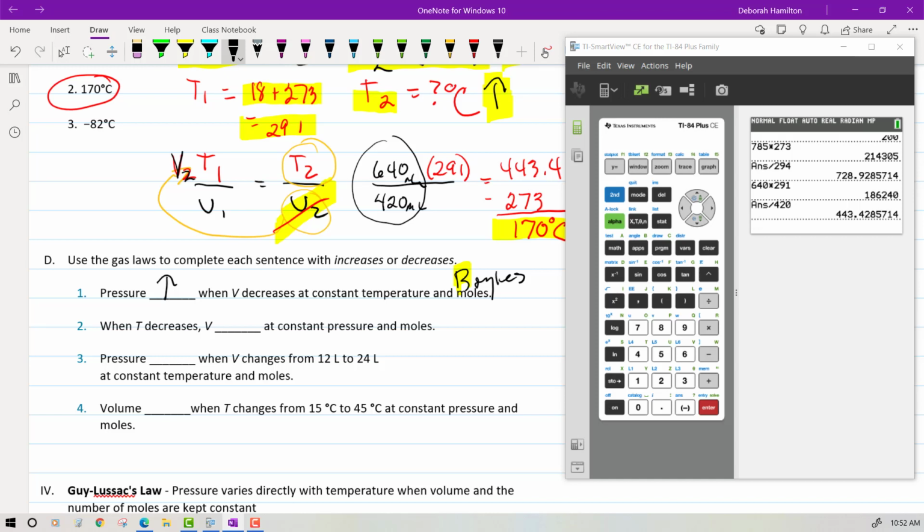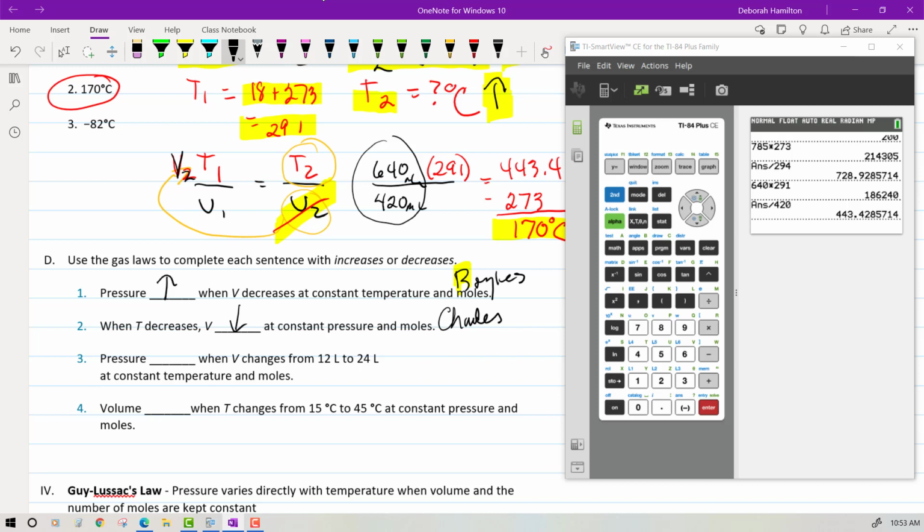When temperature goes down, volume will also go down at constant pressure and moles. This is Charles's law. It's a direct relationship. The molecules are slowing down, so they're going to take up less space. That has to do with your velocities.